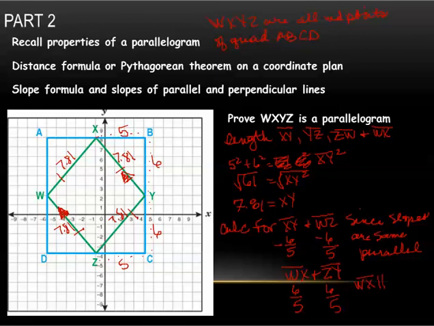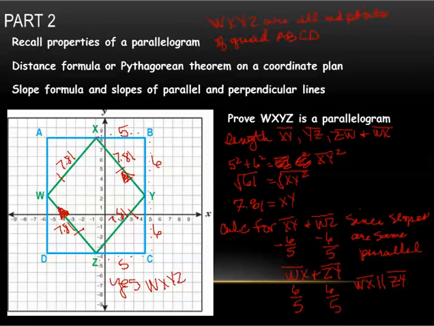WX is parallel to ZY. So there we go. Since the opposite sides are congruent and parallel, then I know I've got a parallelogram. I'm going to check right here and make sure that was the only thing. Yep, that was it.